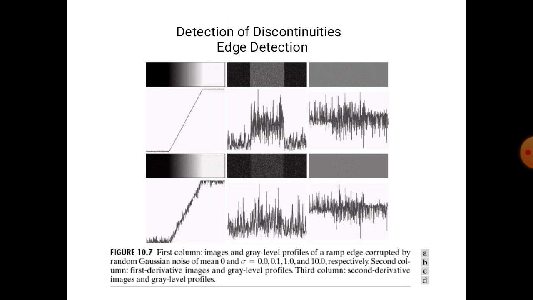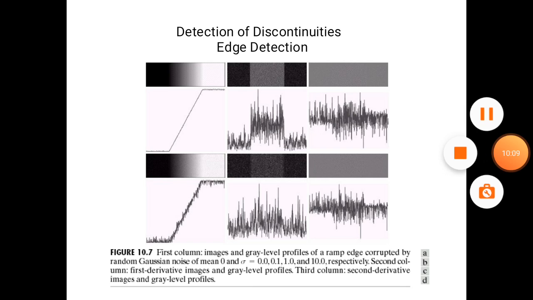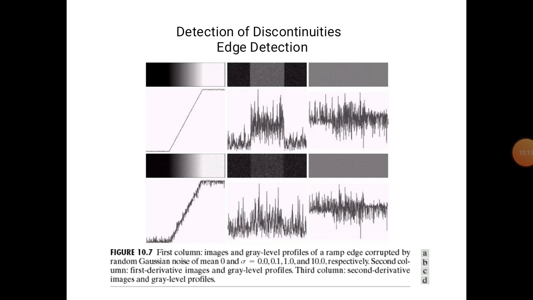Here is the graph of each image, a horizontal intensity profile passing through the center of the image. All the images have 8 bits of intensity resolution, with 0 and 255 representing black and white respectively.